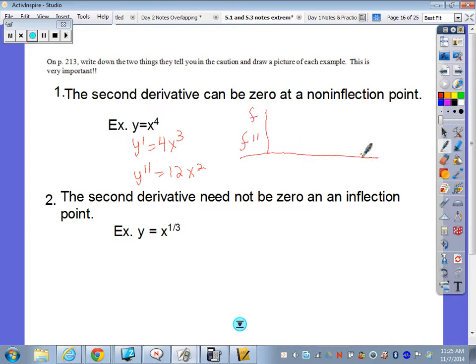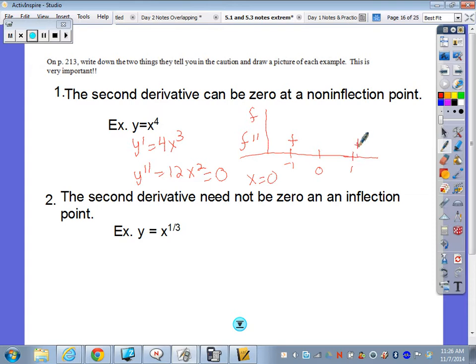So if we do that, we put where the second derivative is equal to 0, and if you solve this, you get x is equal to 0. And you do the same thing we did for the sign chart for the first derivative. You try values to the left and right, but you're going to plug them into your second derivative. So if I plug -1 here, I get a positive 1.